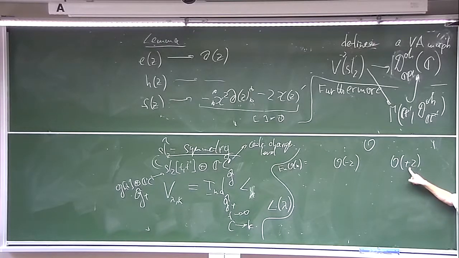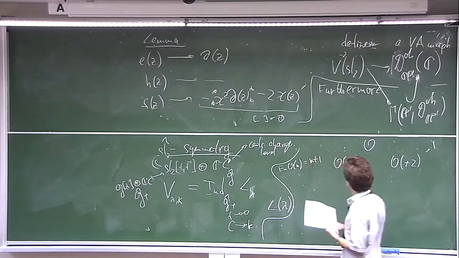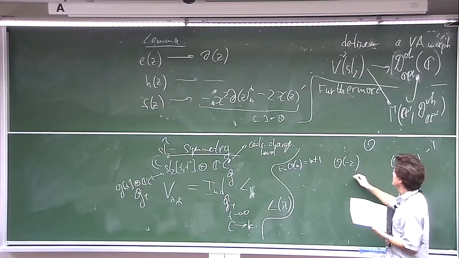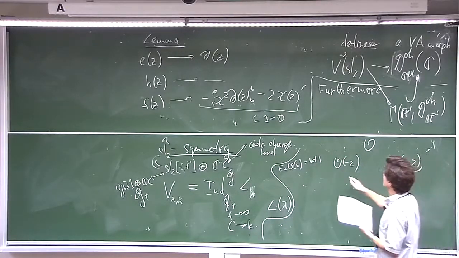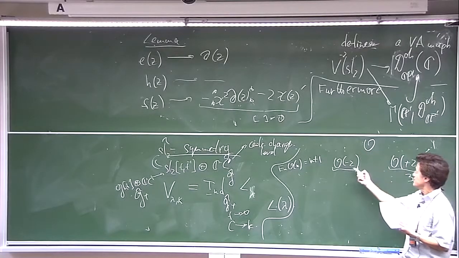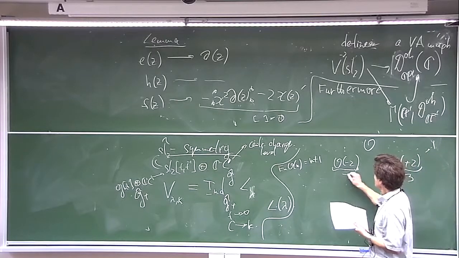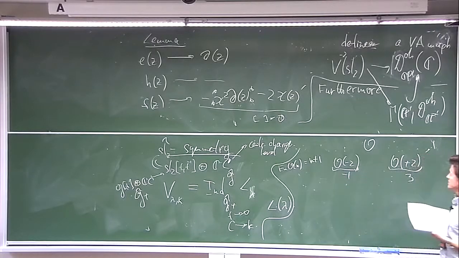It's a three-dimensional SL2 module as far as global sections go, and H1 is 0, so it's 3. So I guess the formula is this. For example, for minus 2, this is 3, and for minus 2 no global sections, of course, but one H1, so minus 1, as this formula suggests.